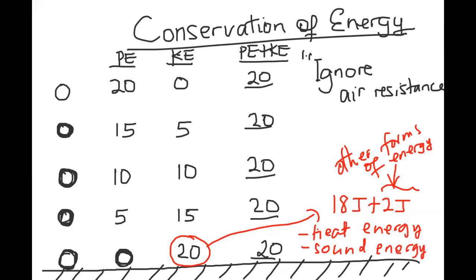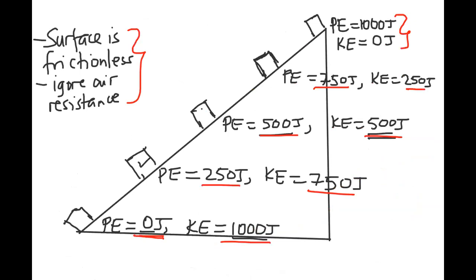But the funny thing is, if we account for those missing parts, the total energy has to always equal 20 joules. Let's look at this example. If we were to say that there is some friction on the plane surface, and the air resistance is there. As the masses are actually falling, they experience some air resistance in these positions.